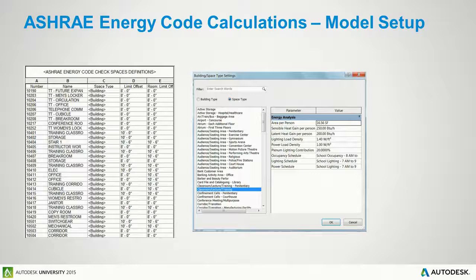Now before we leave this, the one thing that I wanted to remind everybody of, your light fixture has to be in the space in order for it to count, in order for this schedule to work. You have two options with this. In 2015, they introduced the room calculation point part of the family. So you can either change that to where it's sitting on the floor so that it's always going to be in the space.